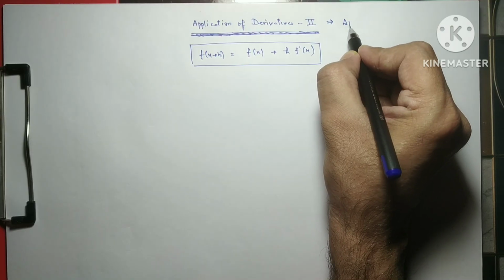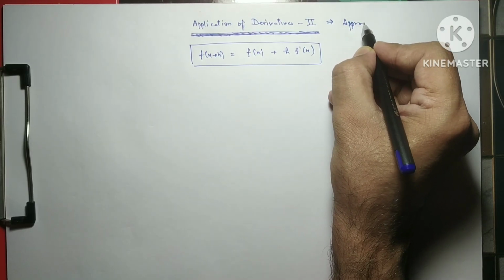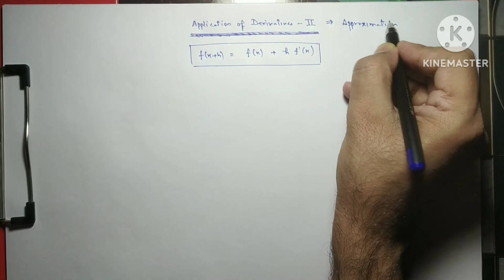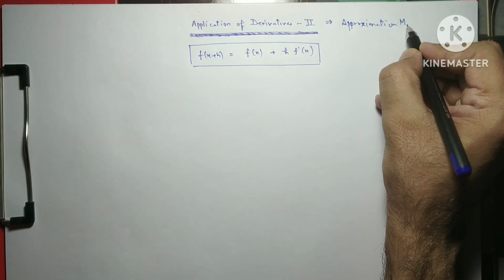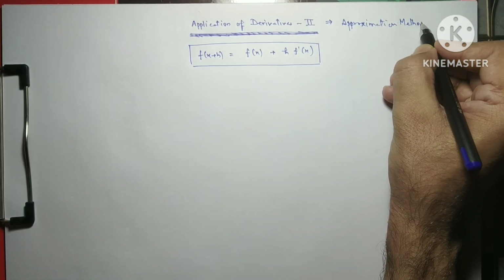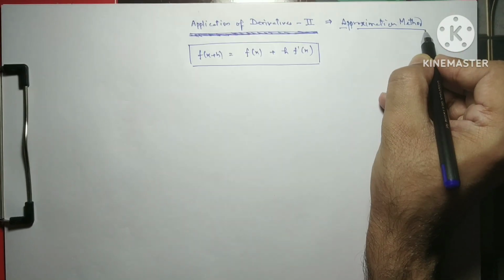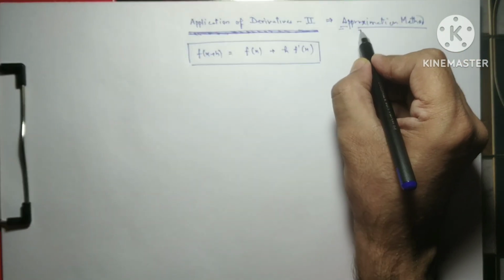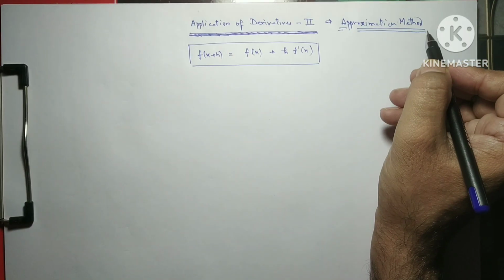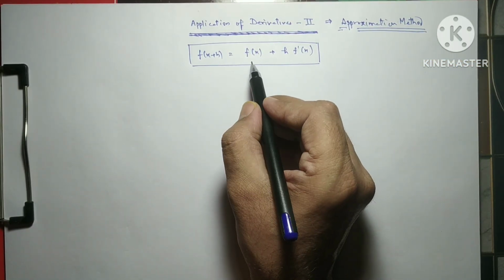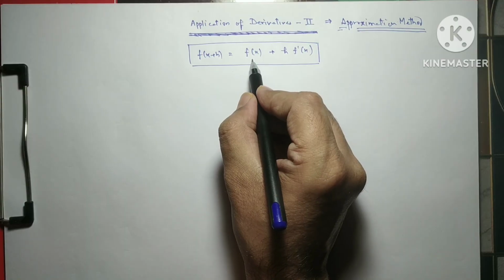So this is the approximation method, and this is very useful from a physics point of view or for any type of calculations. This is the formula for any type of function.